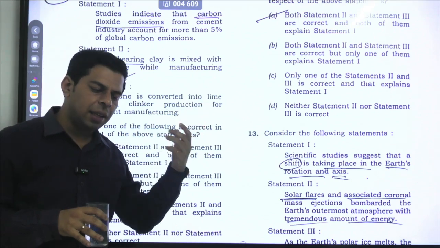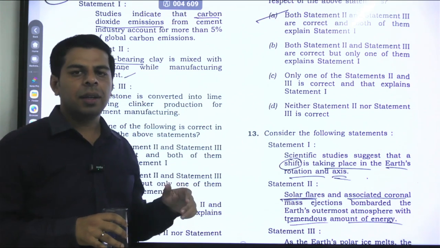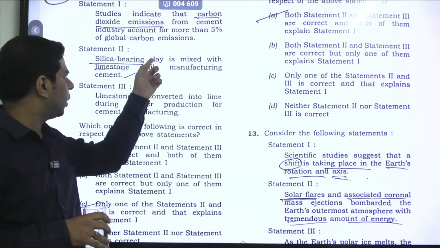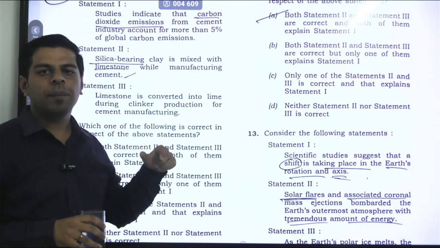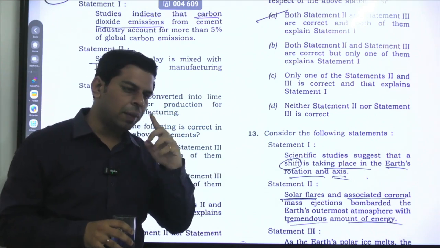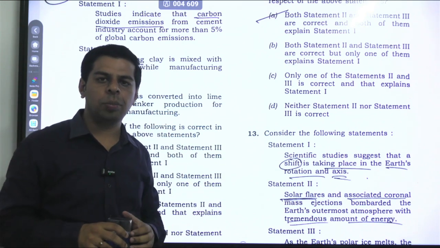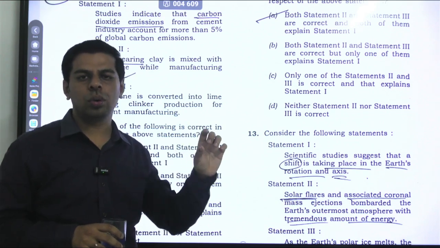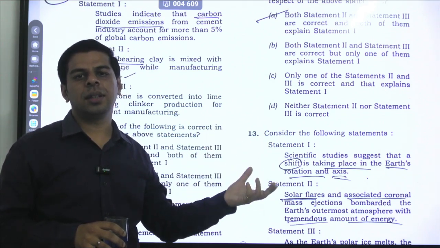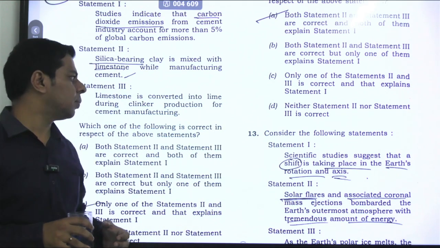So definitely, the non-medical students had a definite edge particularly in statements 2 and 3, because at times we have seen the chemistry part has been totally sidelined by UPSC, and it's not possible for all students to go through these Class 11 and 12 calcination, roasting, smelting parts.